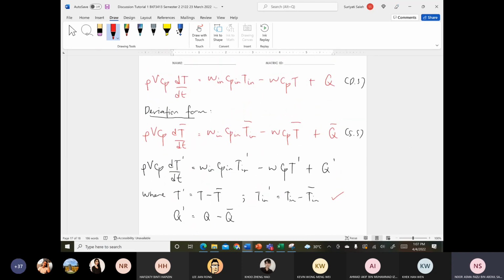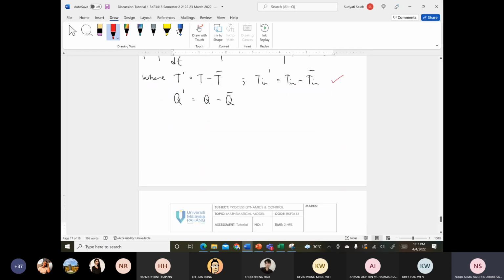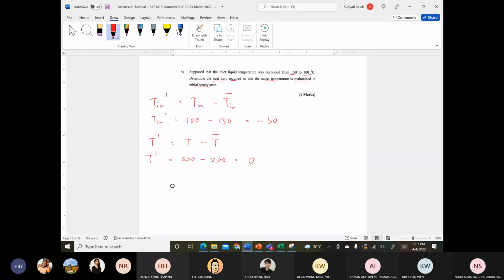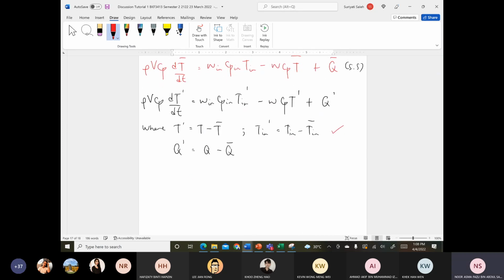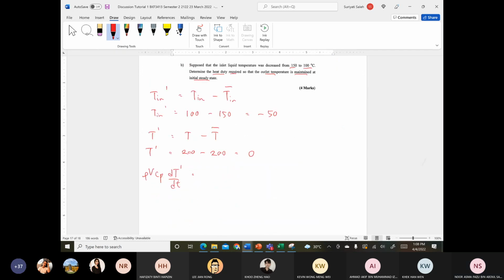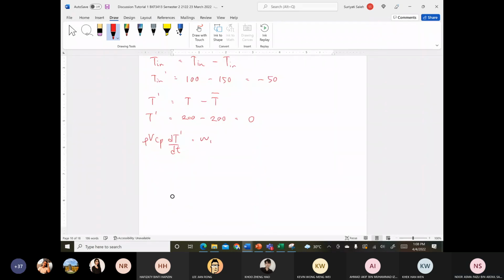This is our equation: rho V Cp dT prime over dt equals W in Cp in T in prime minus W Cp T prime plus Q prime.